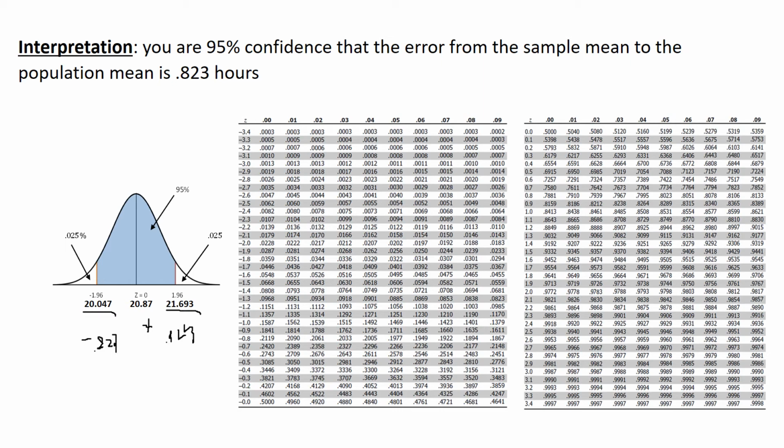So a 95% confidence interval says we're 95% confident this sample is a representation of the population when it's between 20.047 and 21.693.